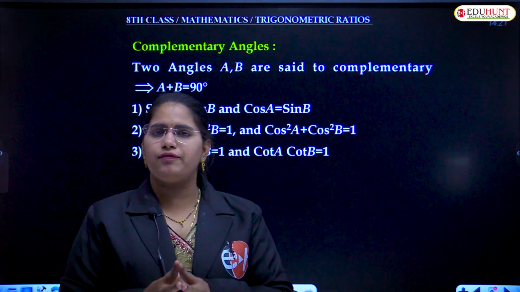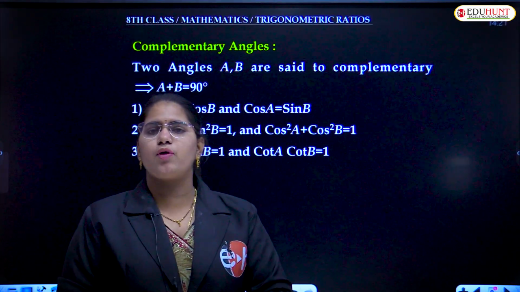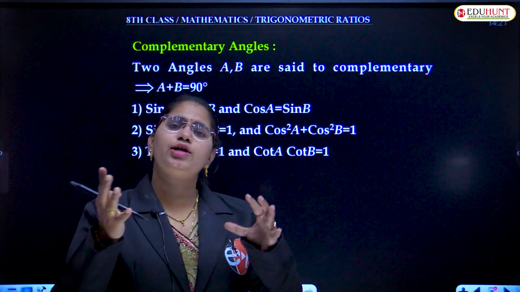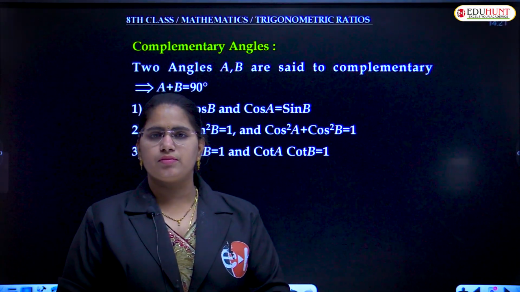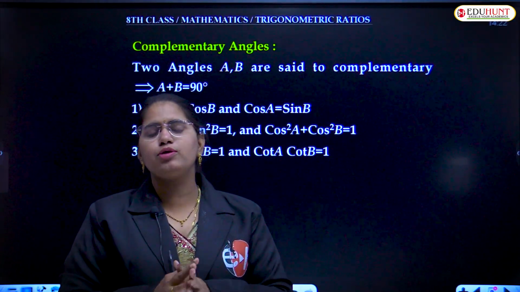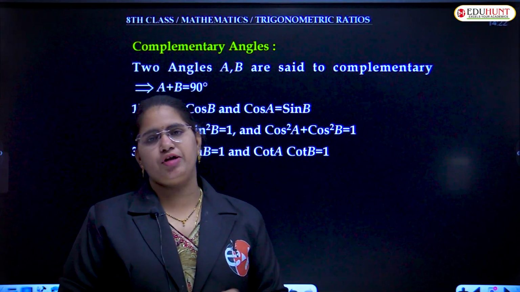It's a very simple definition. Complementary angles are those angles for which, if you add any two of them, the resultant must be equal to 90 degrees. Then those two angles are called complementary angles.